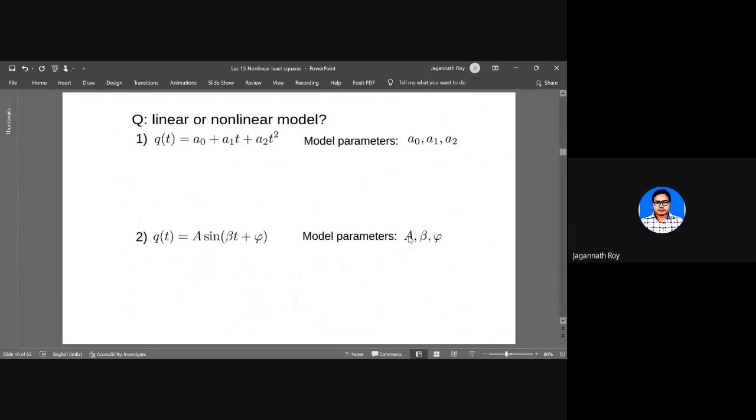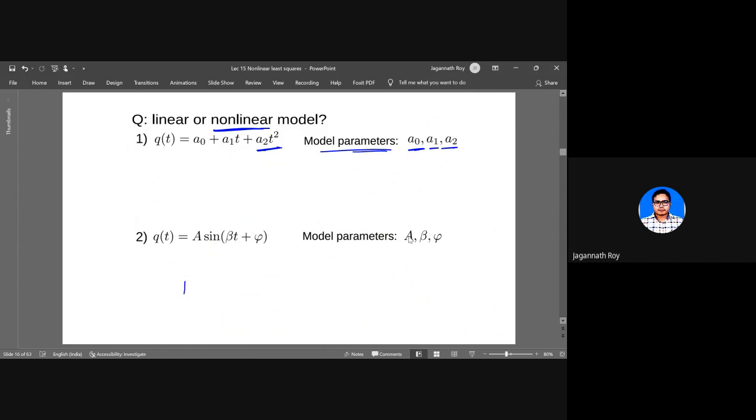Whether it is linear or non-linear, in this case we are talking about non-linear. So this is a non-linear function. Our aim is to find the model parameters a0, a1, a2.